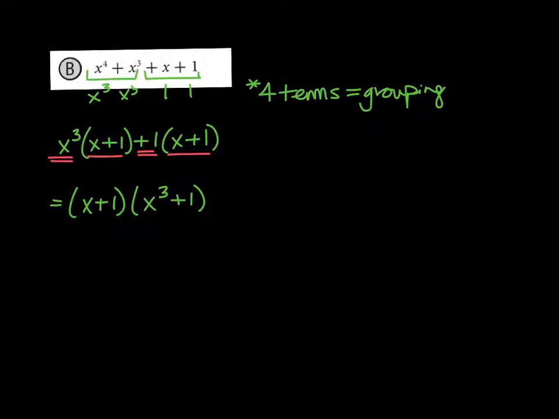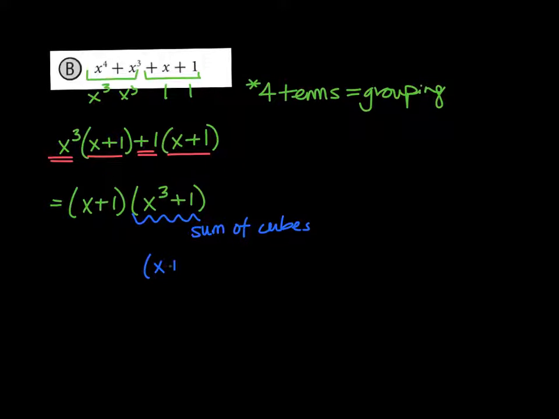Now, some of you may say, oh, well, I'm done. But today we're learning that this portion right here, the second parenthesis, is a sum of cubes. It is a perfect cube sum, so it's something that we can break apart even further. So I'm going to take a second to work that part out. So the cube root of x to the third is just x.